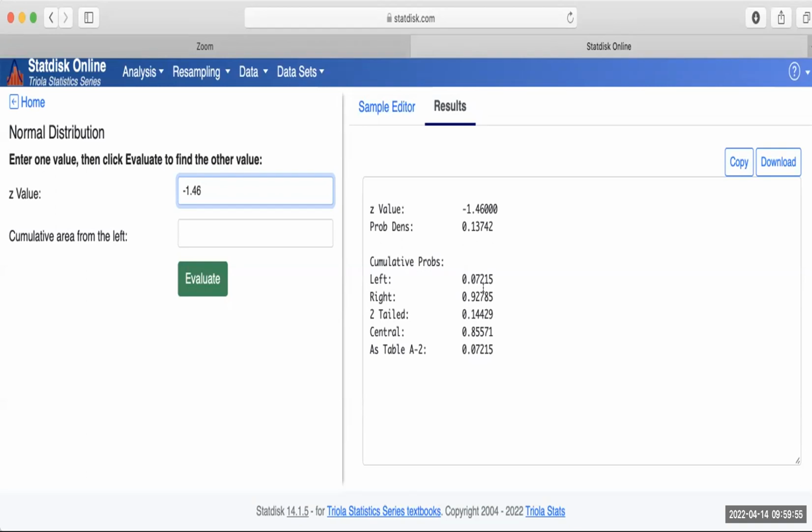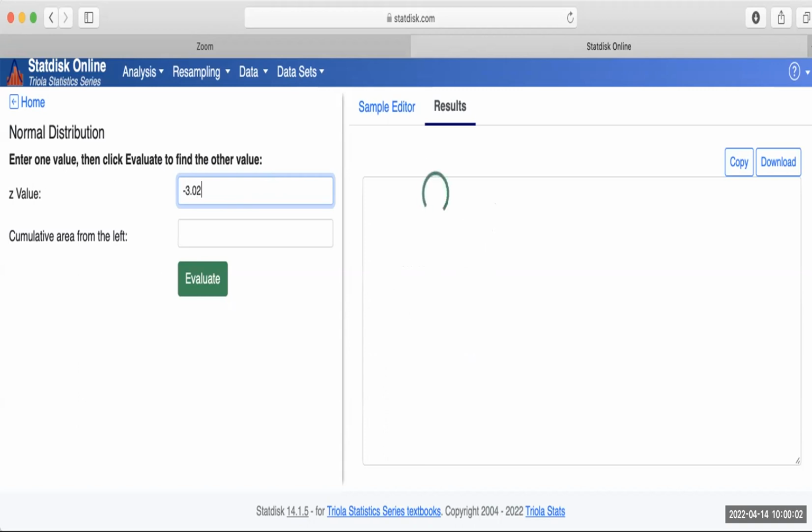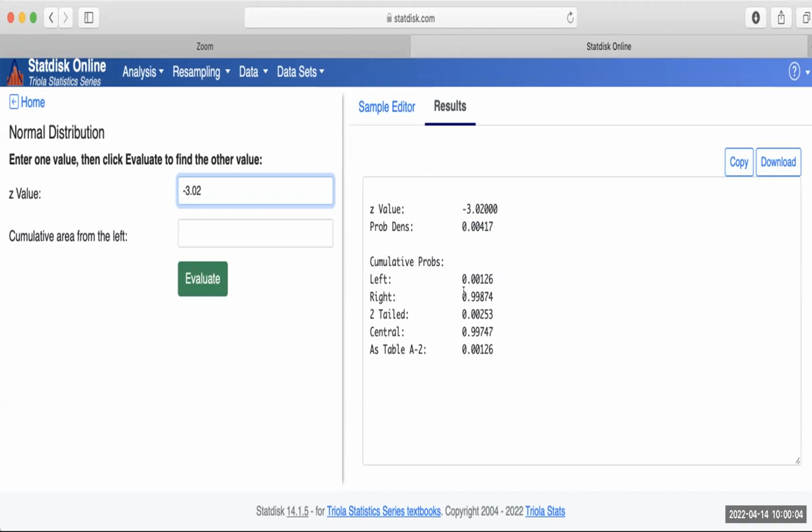I'll write that on a piece of paper. I will then do the next one, 3.02, and write also 0.00126 on a piece of paper. Then I'm going to subtract those two values.